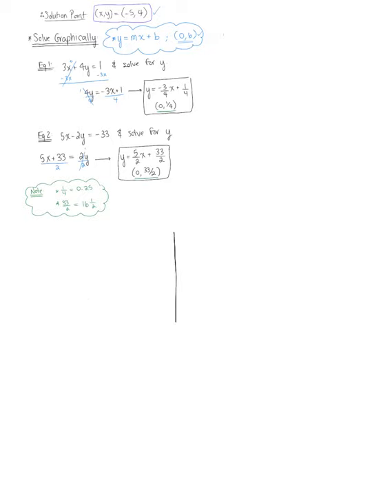So let's say here is our y-axis, and here's our x-axis. So establishing our scales, we have 1, 2, 3, 4, 5. So that's -5 on the x-axis, and then 1, 2, 3, 4.